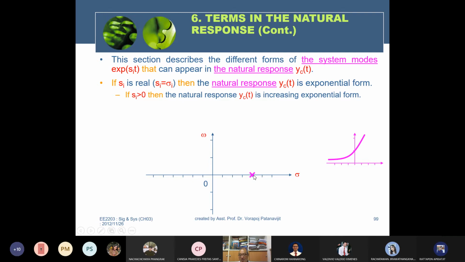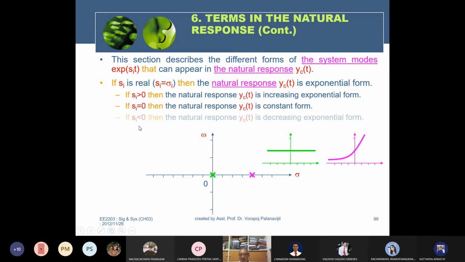If yc is exponential, if it has a real root, and s is real positive, for example 3, e^(3t) is an increasing exponential. If it's 0, anything to the power 0 gives you a constant, 1, right? Or if s is negative, it will be decreasing.